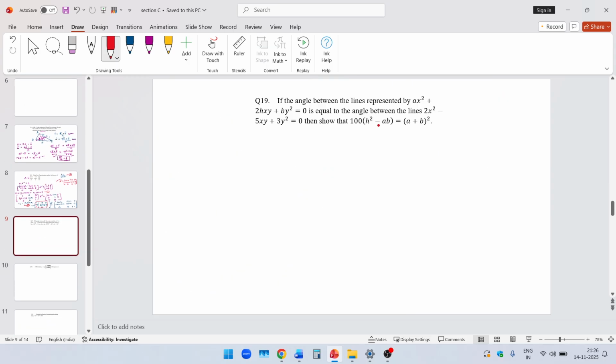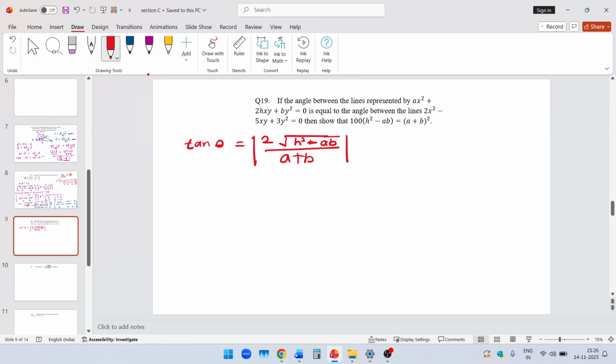Next, if the angle between the lines represented by ax square plus 2hxy plus by square, okay, what you do is first remember the formula of tan theta. It is 2 times root of h square minus ab upon a plus b. h square minus ab divided by a plus b.